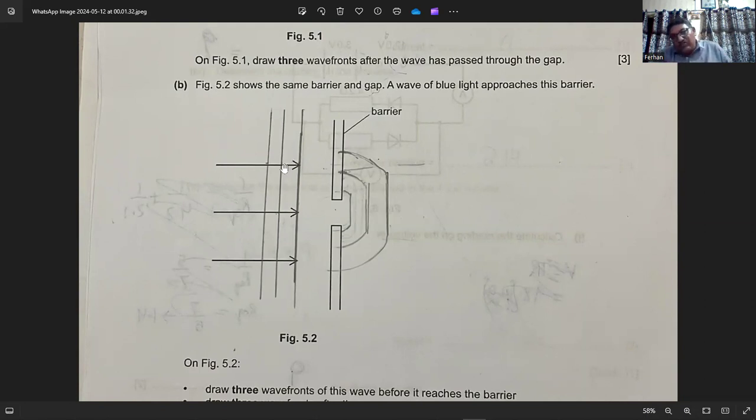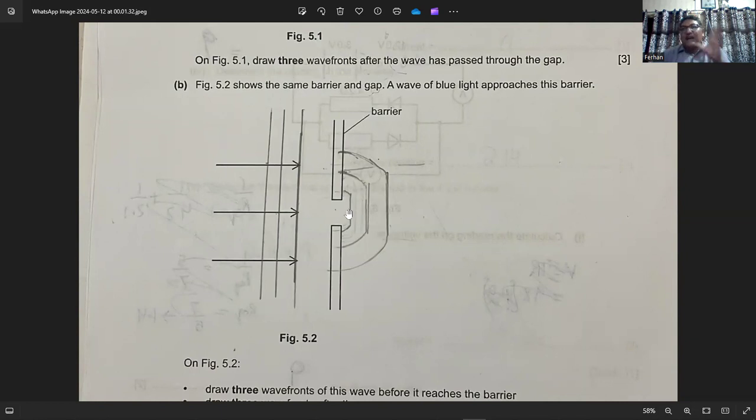Now because this wavelength is smaller, this gap is larger than this wavelength. When the gap in the barrier is larger than the wavelength, then near the ends of this barrier the wave bends, but in the center the wave remains straight.